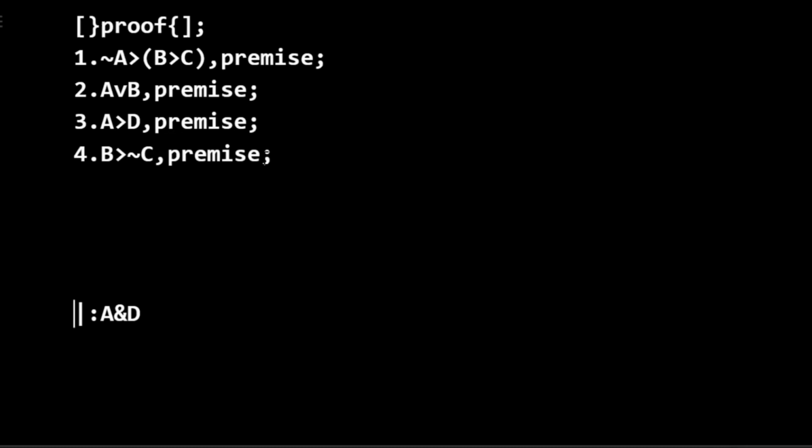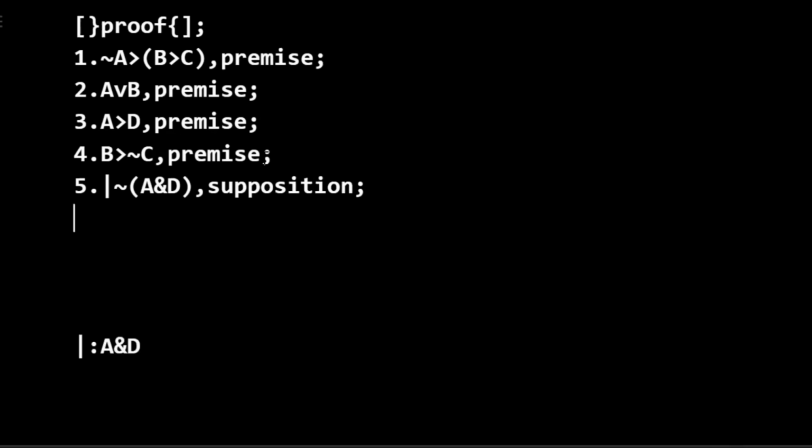So let's do that. We're going to suppose the negation of our desired conclusion. And if we can get a contradiction of the form P and not P, then we're done.